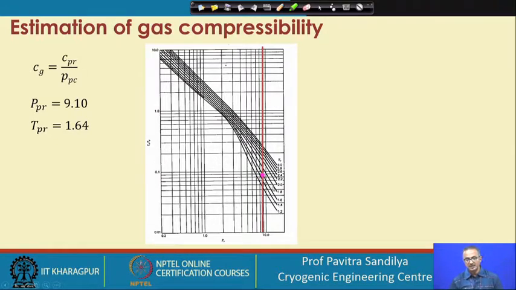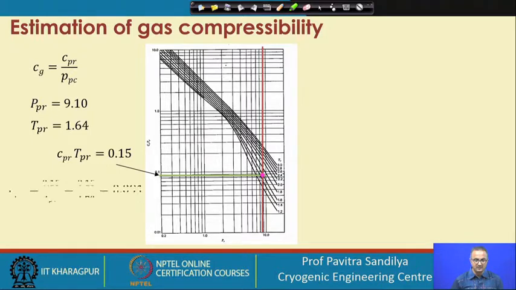Please see that we may not have the exact value of Tr. In that case we need to interpolate between the various curves. So we put the point to indicate the 1.6 for the reduced temperature, and corresponding to this we find the value of this CrTr. This is coming as 0.15.